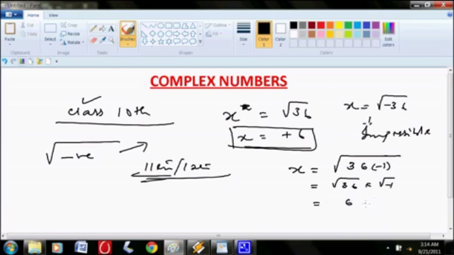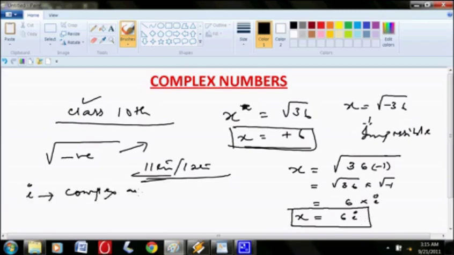This is 6, and root of minus 1 is written like i. This is 6i. Here we go with symbol i, which stands for the complex numbers.